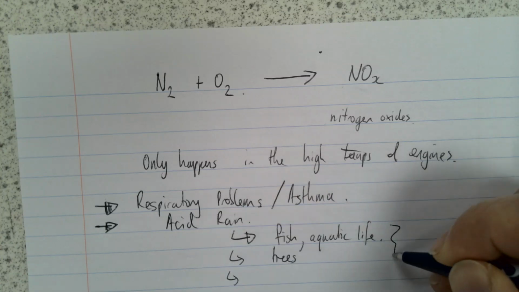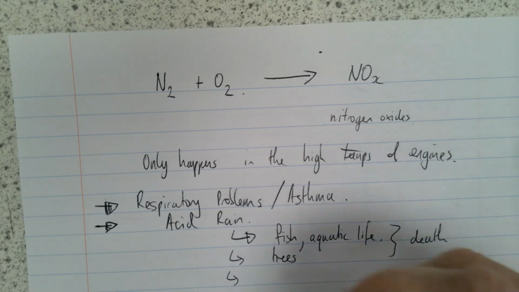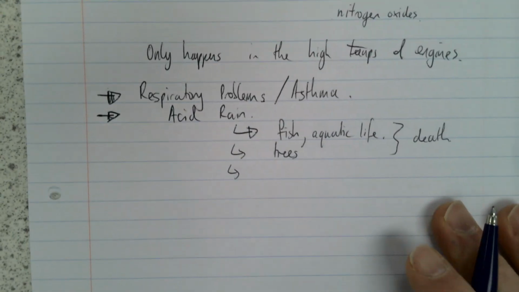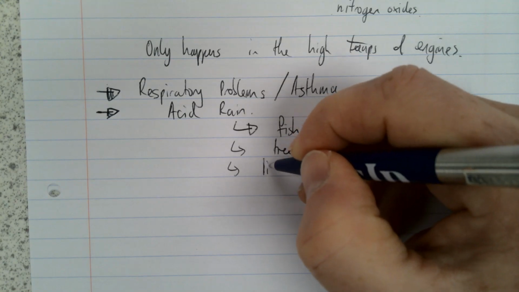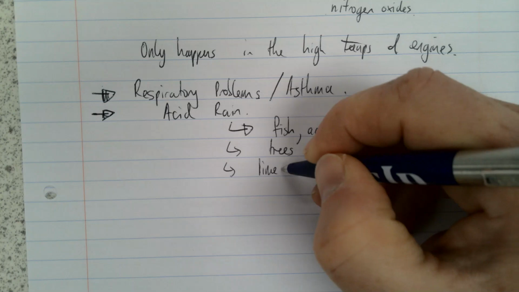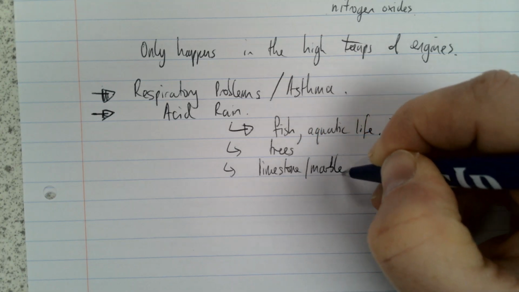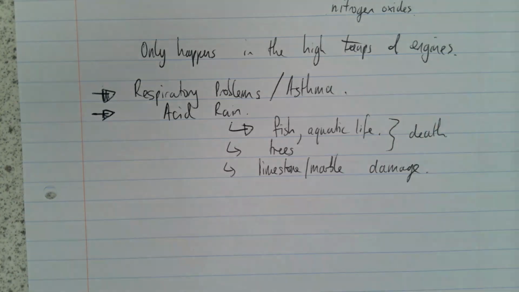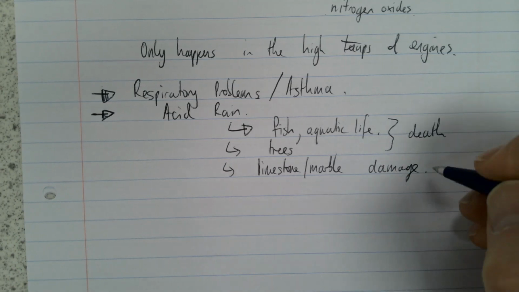These are all sort of dying, death, and also other slightly less concerning, I suppose, limestone and marble buildings and statues, which are made of calcium carbonate, would become damaged over time. I'm trying to get the pictures of that here now. So they would react with the acid.